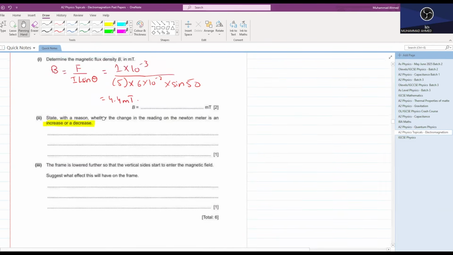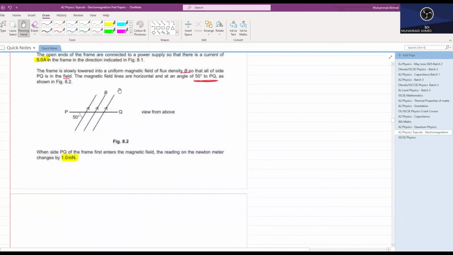So let's start. Your magnetic field is going into the page. Let's apply Fleming's left hand rule. Your first finger will point inward.